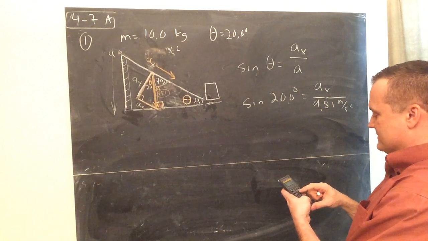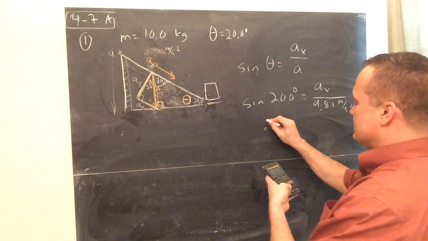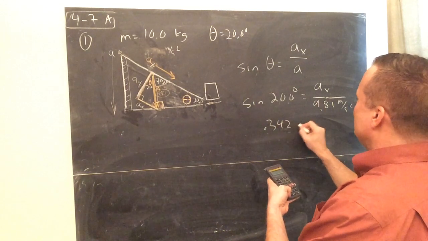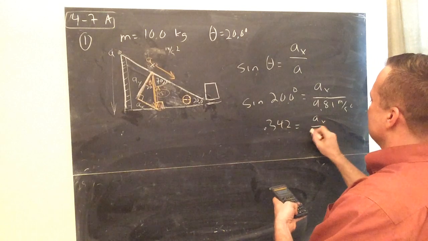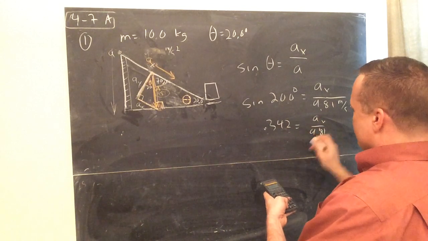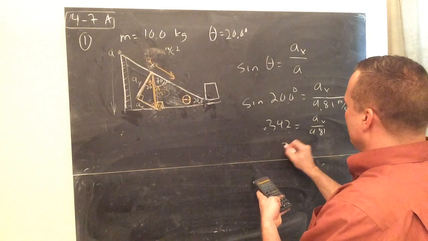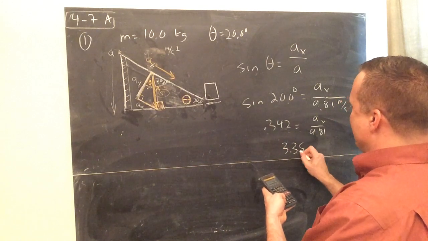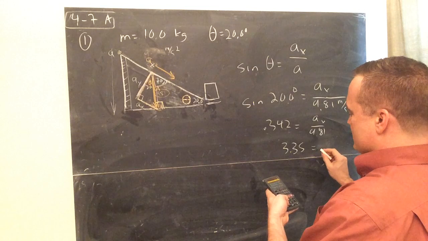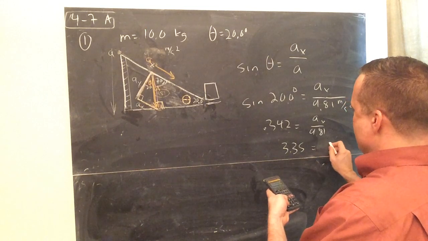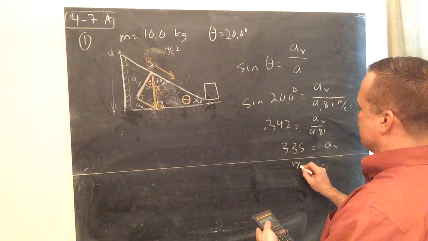It might pop up at some point. So sine of 20 is 0.342 equals AX over 9.81. And then 0.342 times 9.81 equals 3.35 equals AX, meter per second squared.